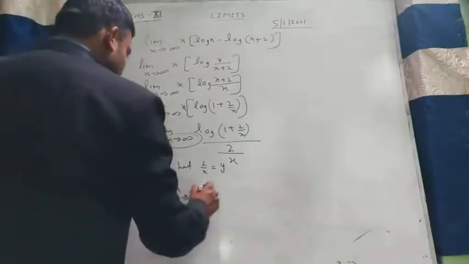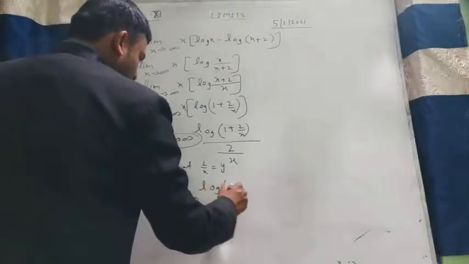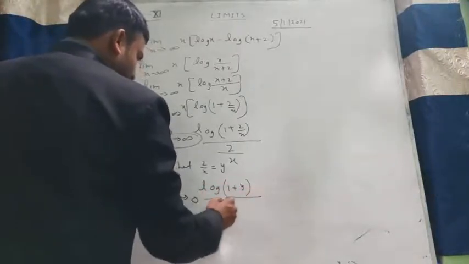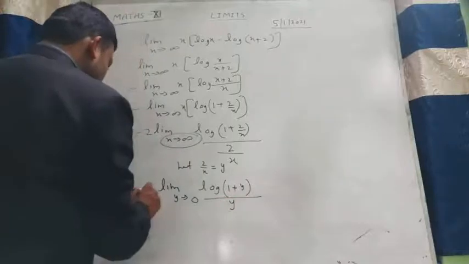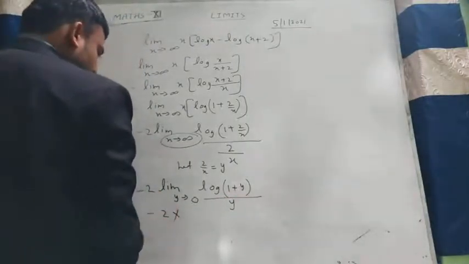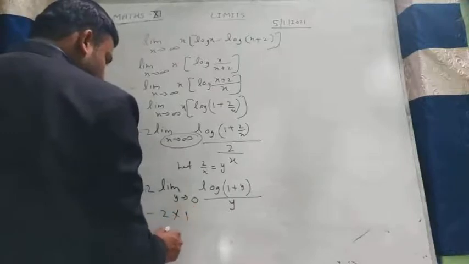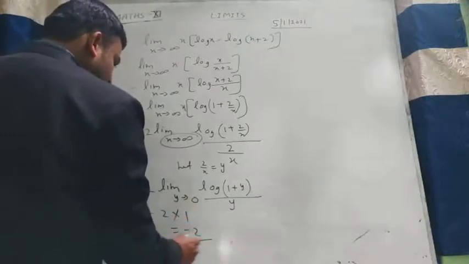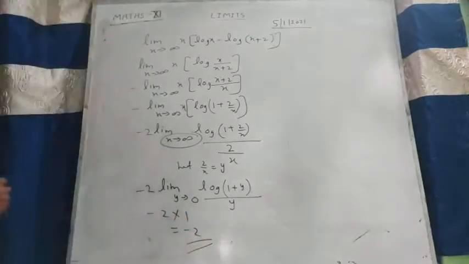So we write log 1 plus y by y, and this is minus 2, and minus 2 into this limit, which is equal to 1, is our result. I hope you understand, students.